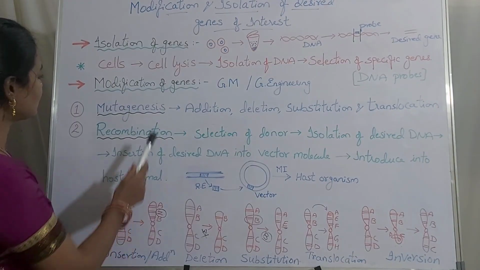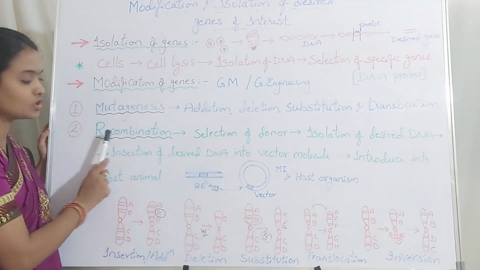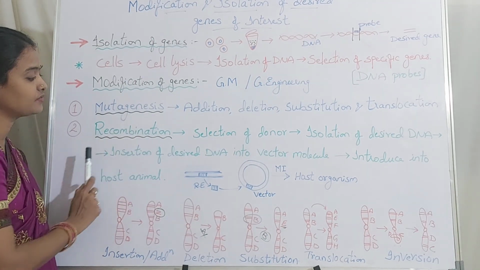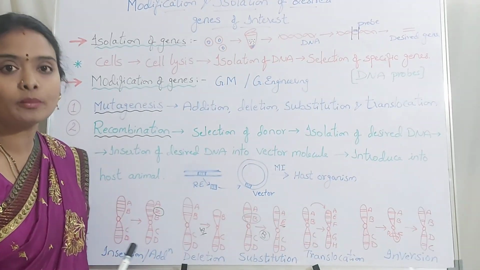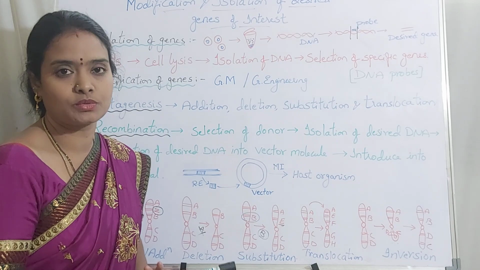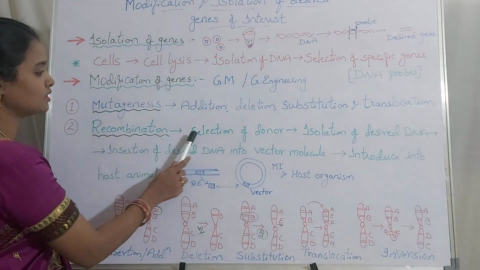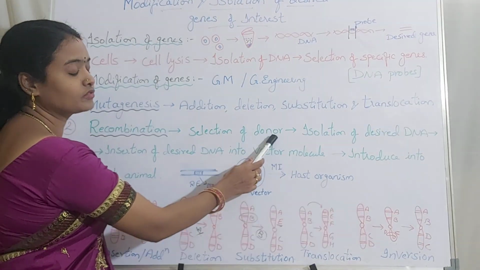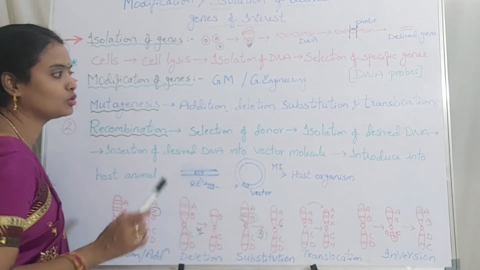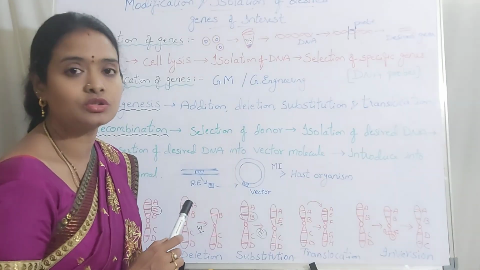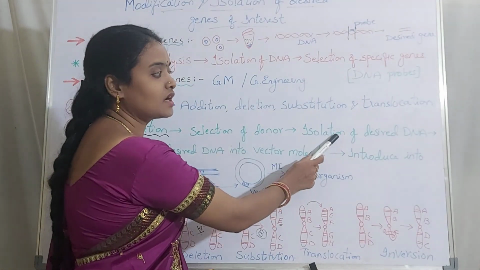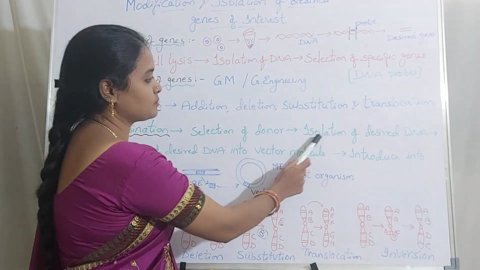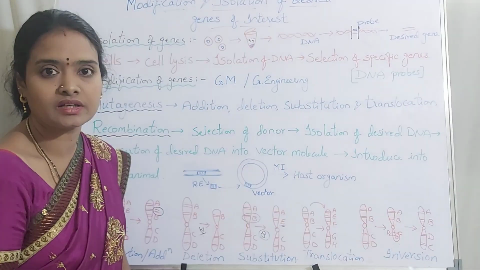Okay? Then coming to the recombination. So here the recombination itself implies that there is combination of two chromosomes. So here the first one, you can see the selection of the donor. First you have to select the donor animal from which you want to isolate the desired gene of interest. So the second step is isolation of the desired DNA.